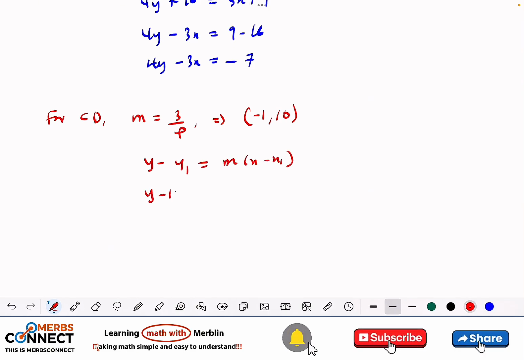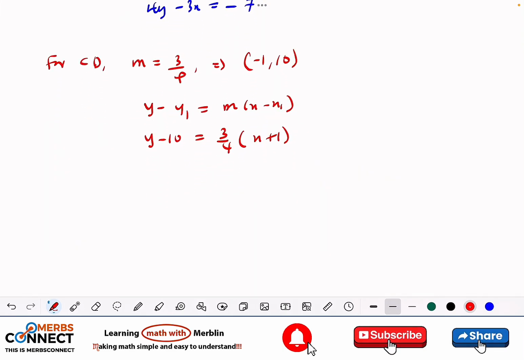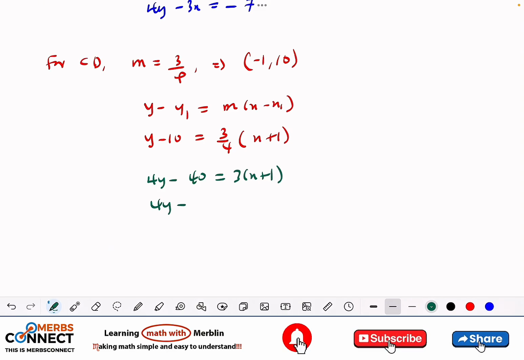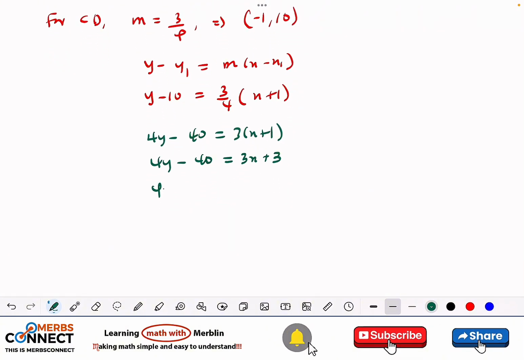So y minus 10 is equal to 3 over 4 times x minus minus 1, which will be plus 1. And this is going to be nice. 4y minus 40 is equal to 3x plus 3. Then 4y minus 3x is equal to 3 plus 40, and then 4y minus 3x is equal to 43.